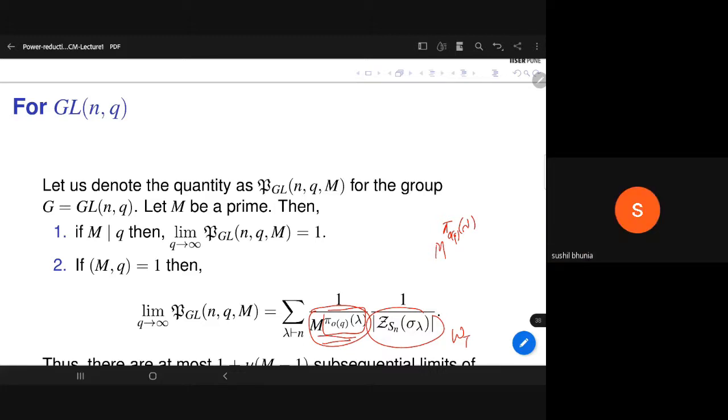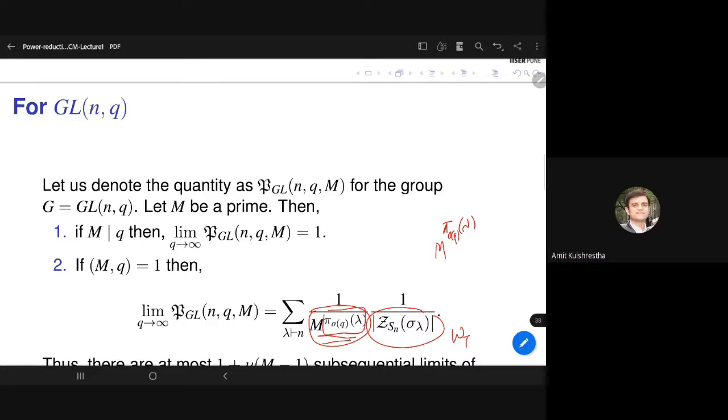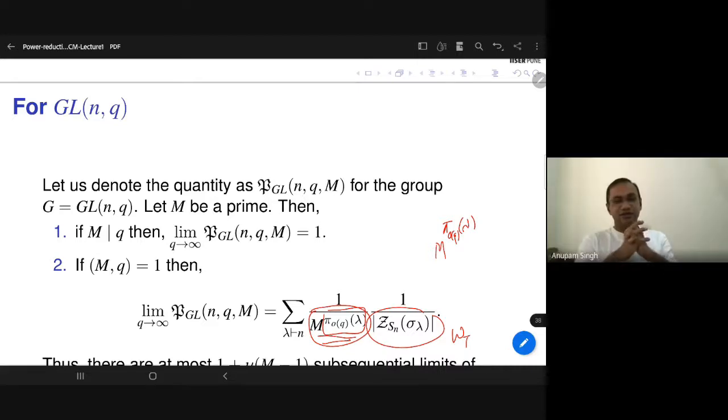Okay. But there is no definite answer. So we don't know whether this number will be finite or not. And not just finite, we also want some nice formula.